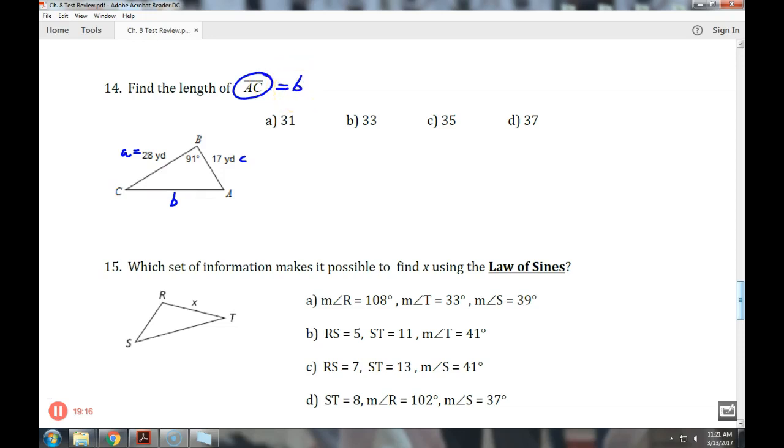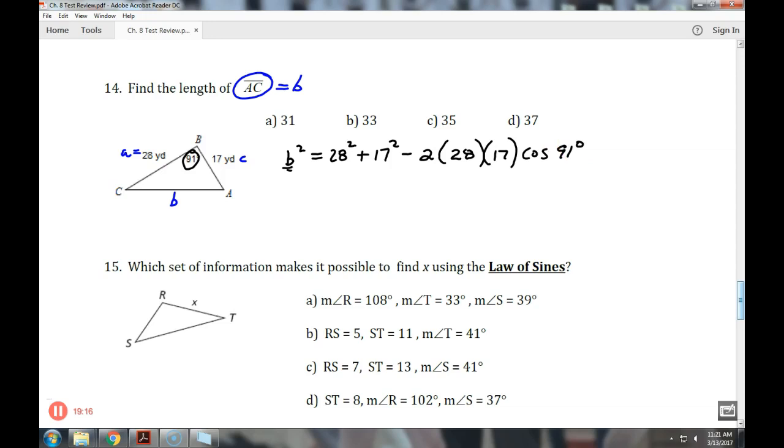So let's use the b equation. B squared equals a squared plus c squared minus 2 times a times c, all times the cosine of b, and I do have big B. Big B is 91 degrees. So I'm going to jam all that into my calculator.